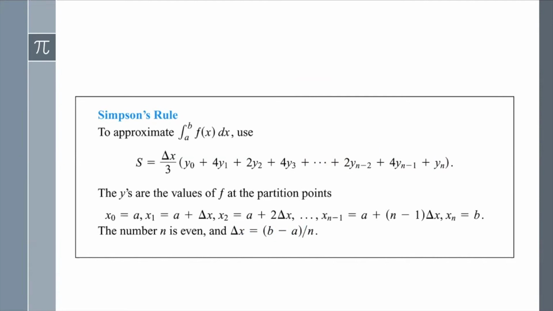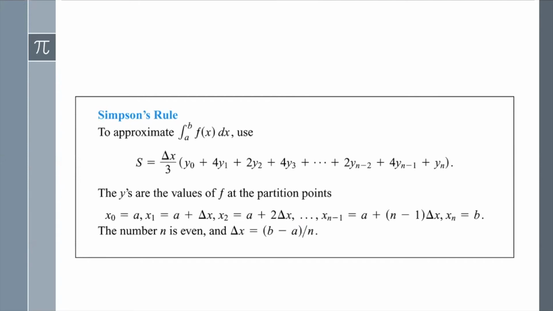So one kind of interesting thing about Simpson's rule is that the value of n has to be even in order for this formula to work. So to approximate the integral from a to b of f of x dx, use s, which is delta x over 3 times y0 plus 4y1 plus 2y2 plus 4y3.